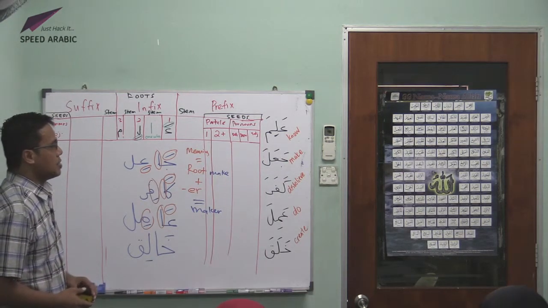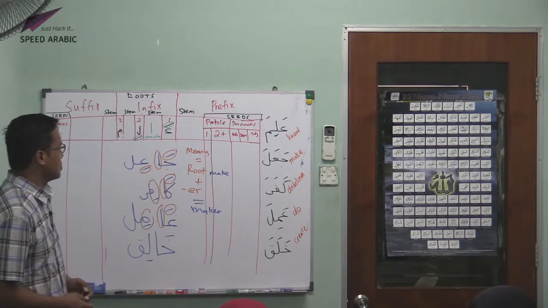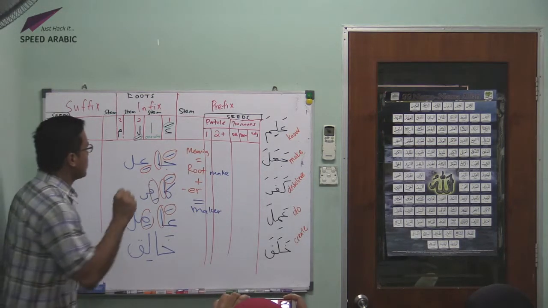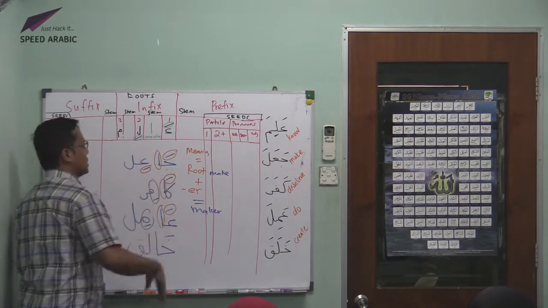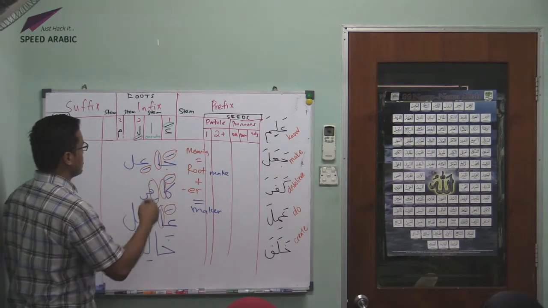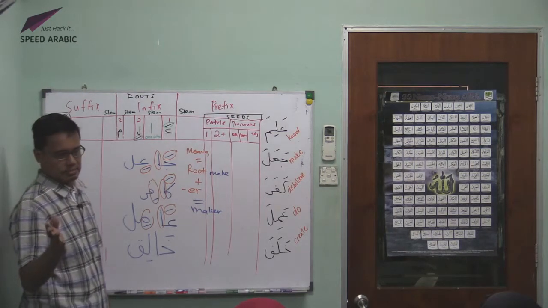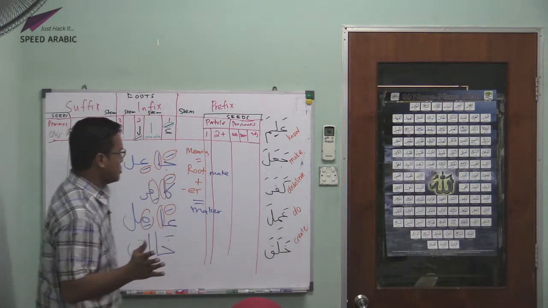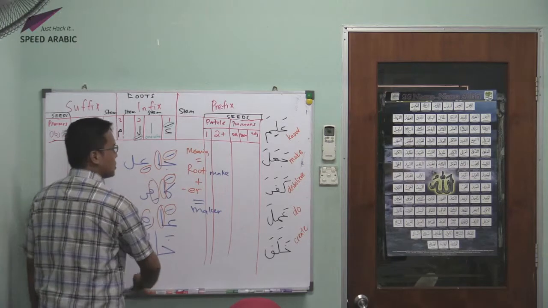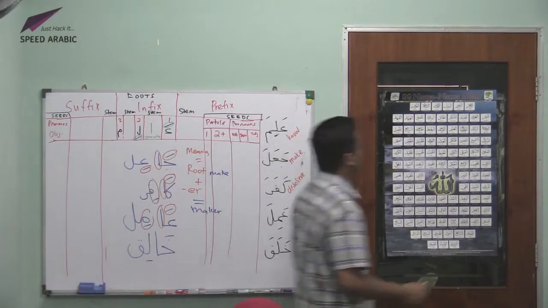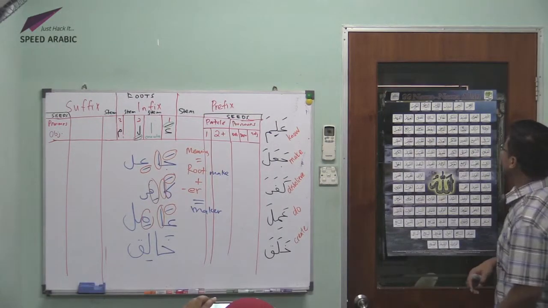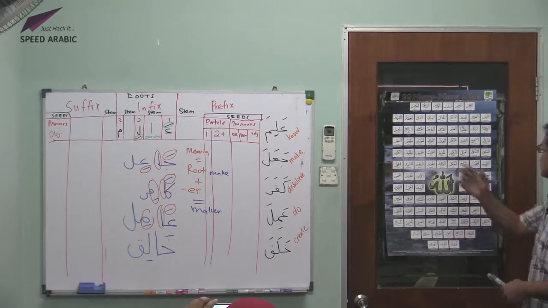So whenever a word is in this form, that means you just put an ER after the root meaning. Okay, so let's find something here which is the same as that.